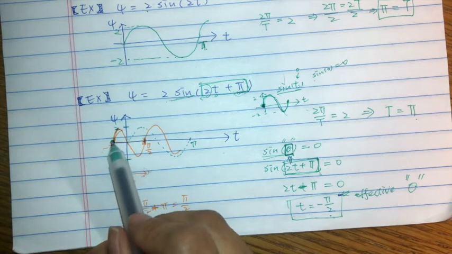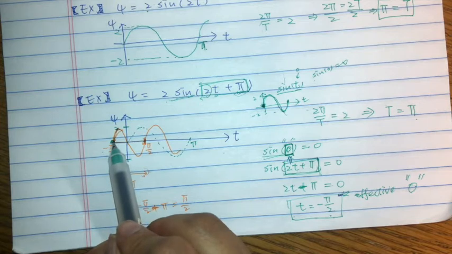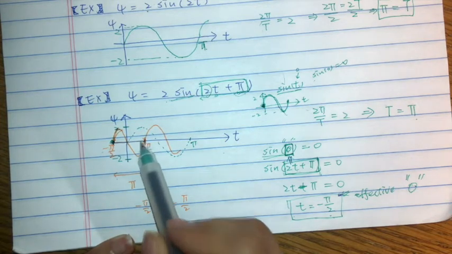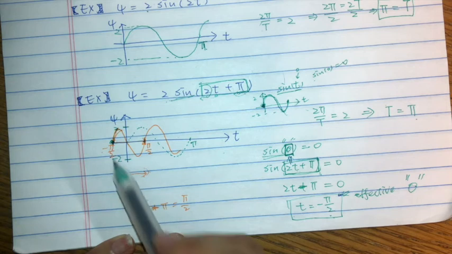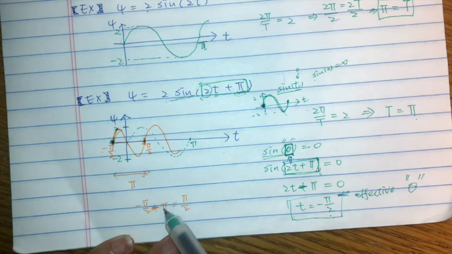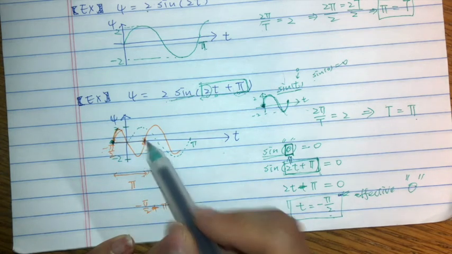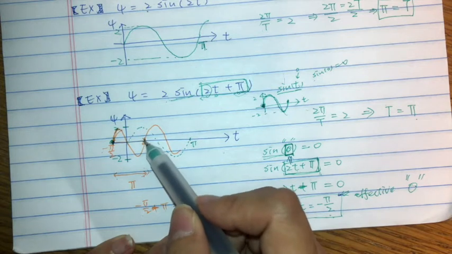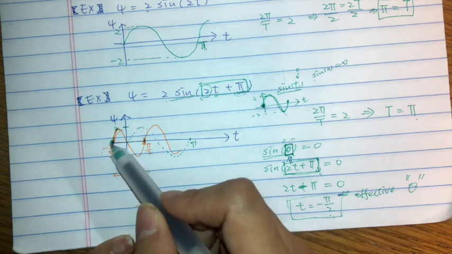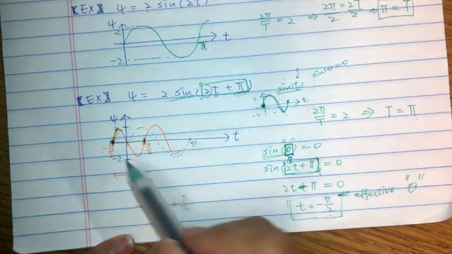The first point is here, but it ends at negative pi over 2 plus this distance pi. So it should end at pi over 2, at this point. So I just draw it symmetrically, go up and down, and that's my plot.